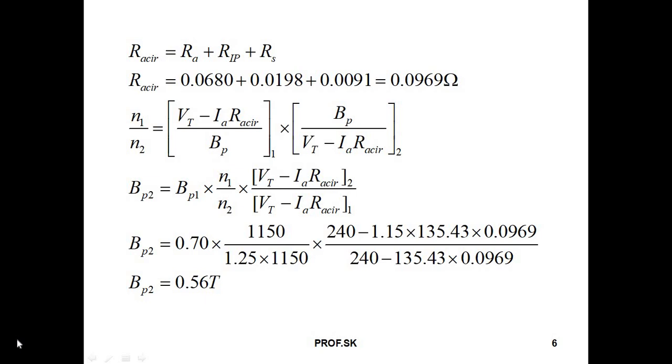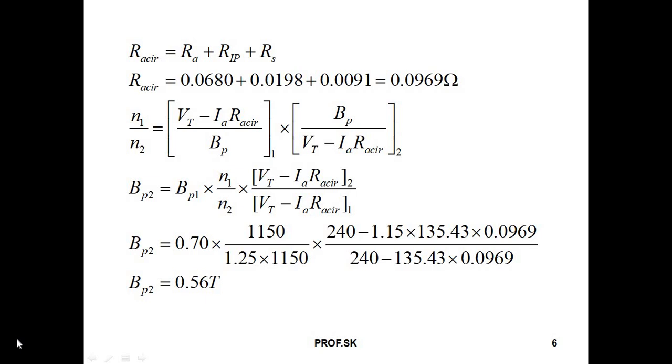That is equal to Vp2, flux density in proportion is equal to flux density into N1 divided by N2 into Vt minus Ia Ra divided by Vt minus Ia Ra.